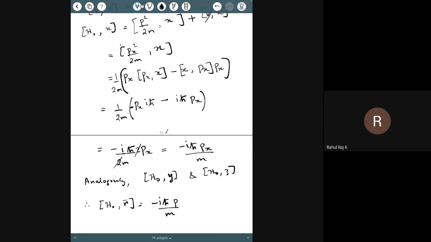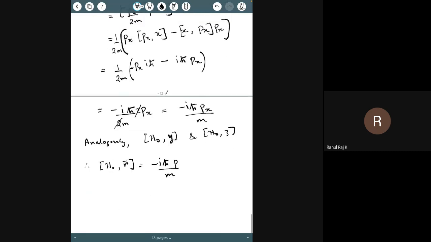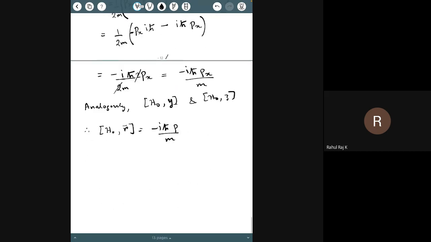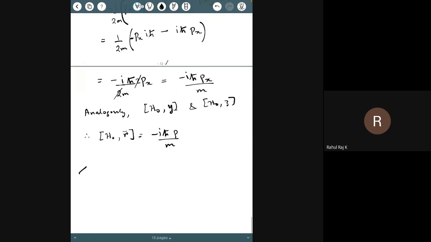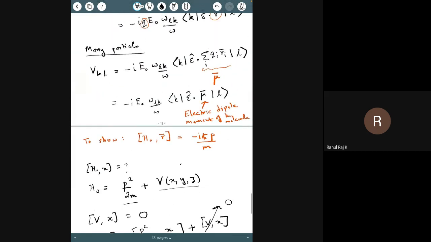And then this tells you that if you take a matrix element of this commutator, for example, now let's say just the x one between, what did I do, KL or LK? I did KL.